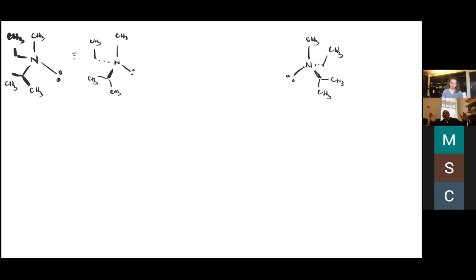Those are technically enantiomers, but this molecule is not chiral. And the reason it's not chiral is that that nitrogen can invert, via planarization.